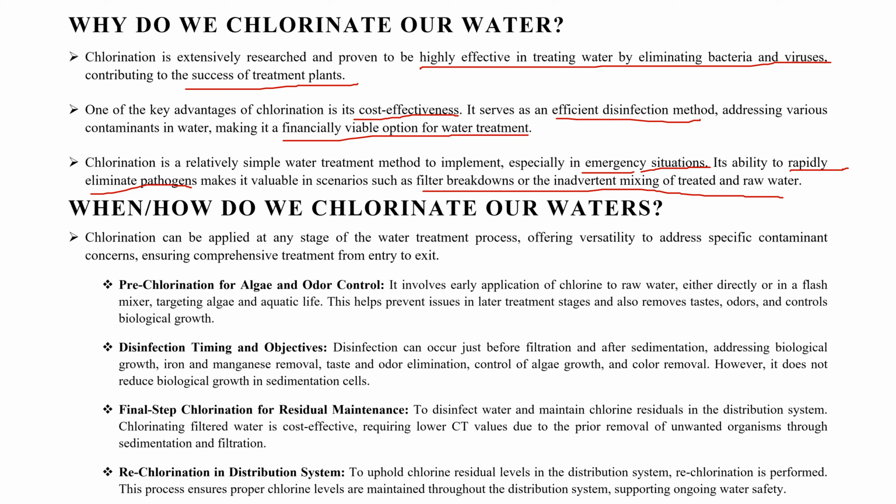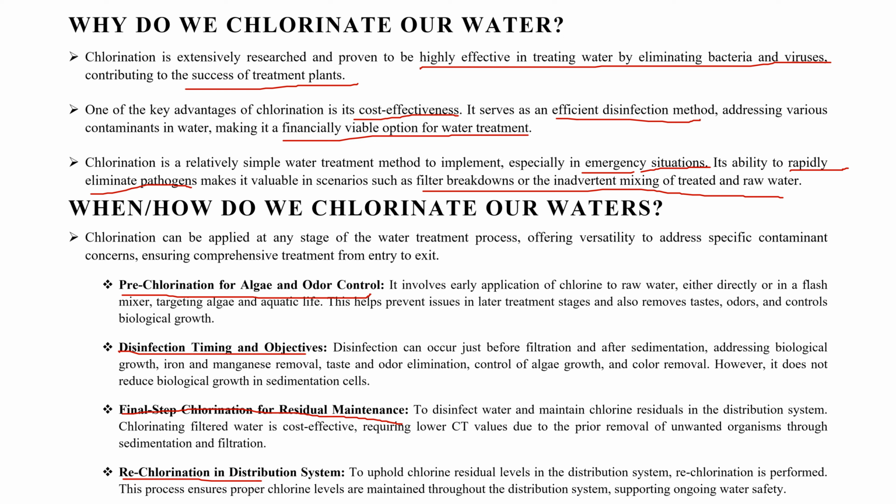So how do we chlorinate our water? There are four stages: pre-chlorination for algae and odor control, disinfection timing and objectives, final step chlorination for residual maintenance, and rechlorination in the distribution system. Pre-chlorination takes place before the treatment of raw water.